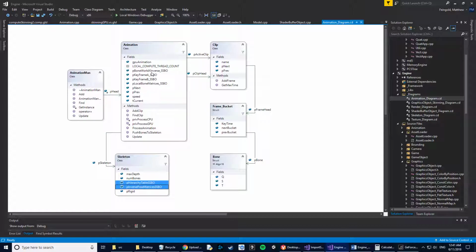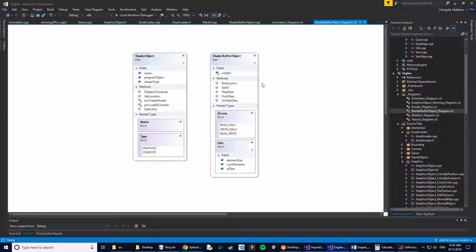And then here we have these three SSBOs where these two are acting as the result buffers of my two compute shader stages for the animation update, and these two are the keyframes used to interpolate to find the current keyframe. So I essentially have two compute shader stages. Before I do this, quick look at my shader buffer object.